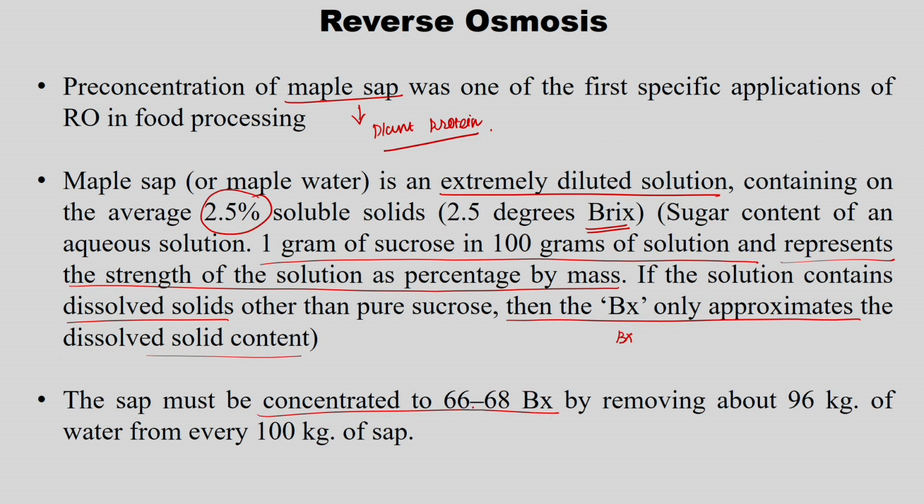That means 66% soluble solids is being concentrated by removing about 96 kg of water from every 100 kg of sap. Remember, almost 96 kg of water is contained in the 100 kg of sap, right. This is a huge quantity of water.